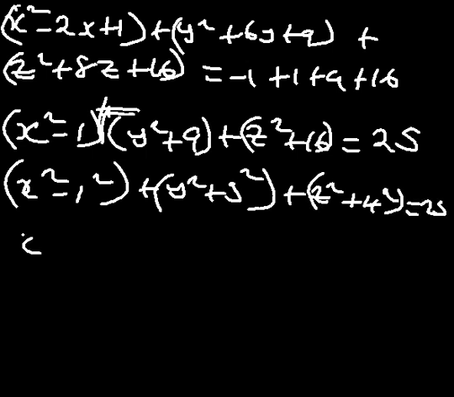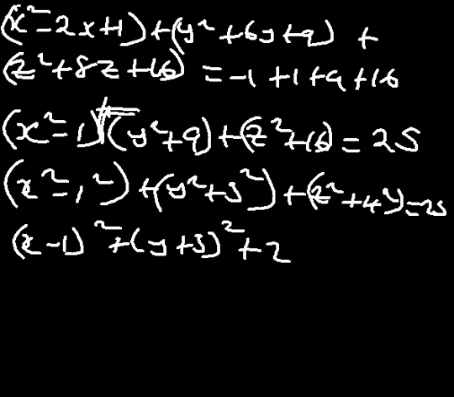So in this case, we'll have it as (x minus 1) to the power 2 plus (y plus 3) to the power 2 plus (z plus 4) to the power 2, which is equal to 5.